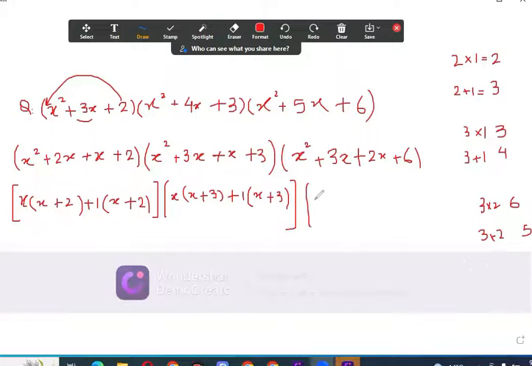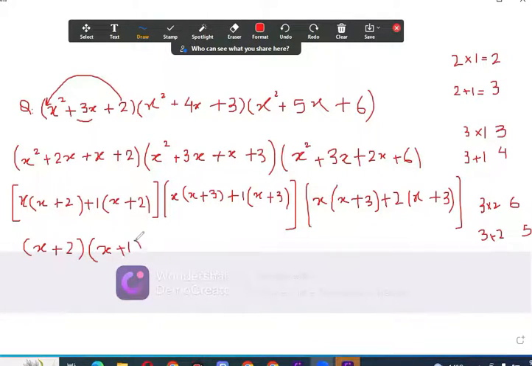Again you can take x common from the first two terms, and here 1x is left and 3 is left, and from the last two terms you can take 2 common. So x is left here, and 2 times 3 is 6, so here it will be 3. Now here it's x plus 2, you can take x plus 2 common, and inside it, because x plus 2 is here and also here, what is left? x plus 1 is left.